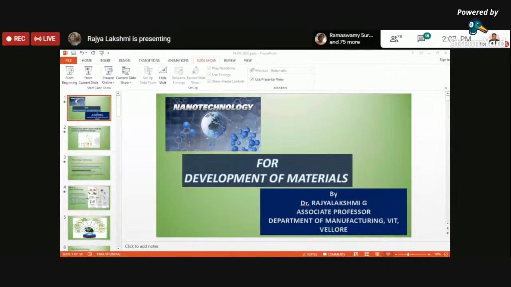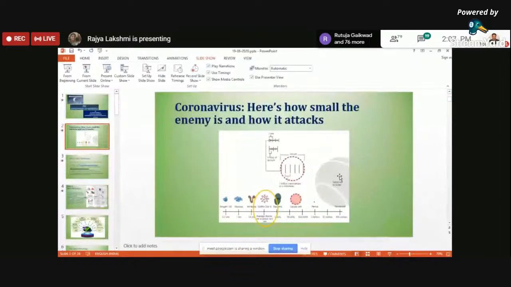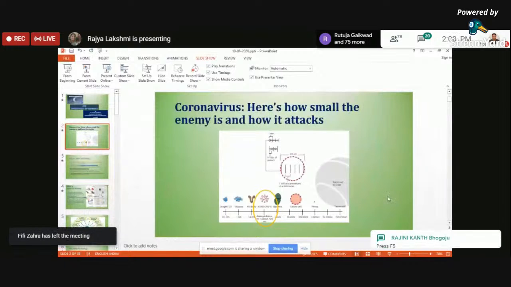When it comes to nanotechnology and the term nano, you people are organizing around 7 to 10 days of workshop on nanotechnology. You may think, why such a big discussion on the term nano? It is already very small.